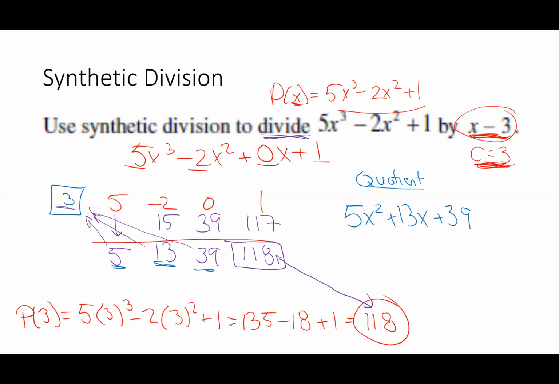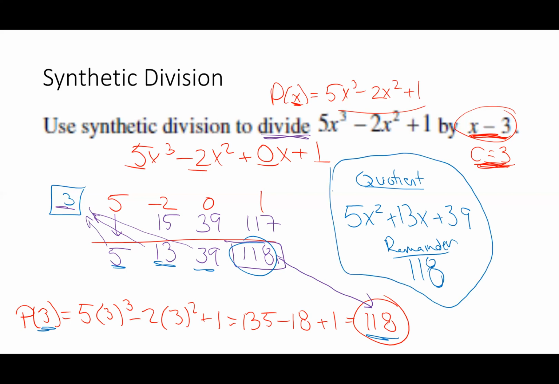That's my quotient. And now my remainder, what was left? That's going to be 118, which again, if I really wanted to find this, I could just plug 3 into the original polynomial, and I'd get the remainder that way. This is what the remainder theorem basically points at.